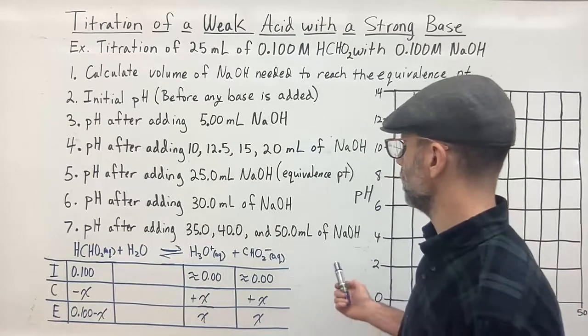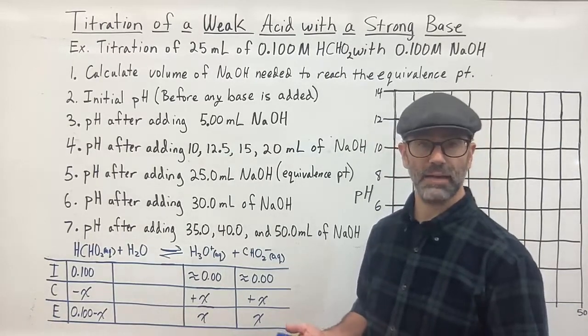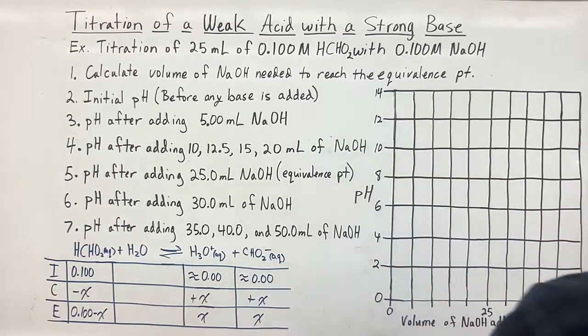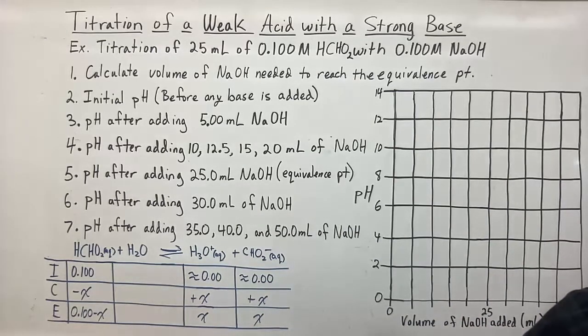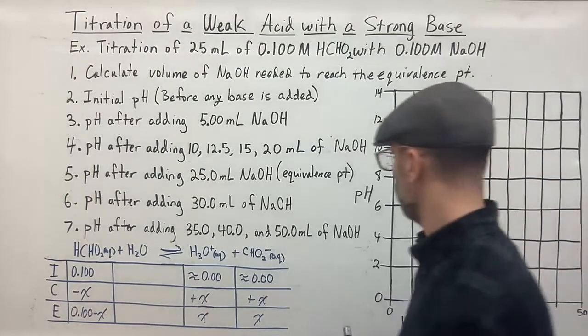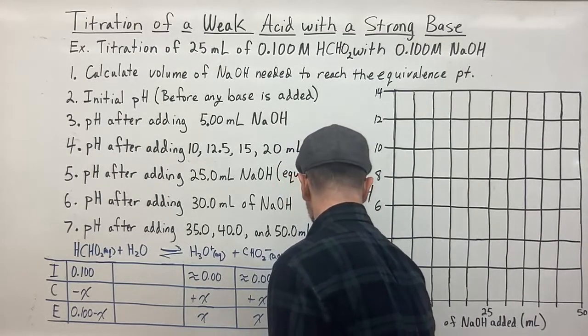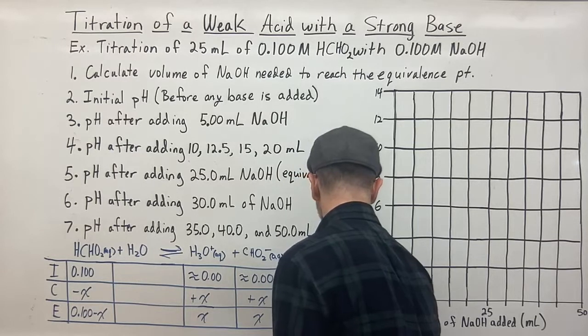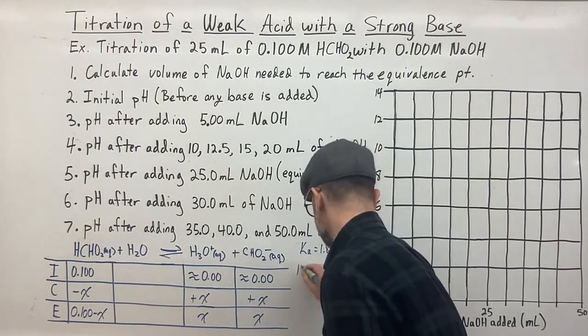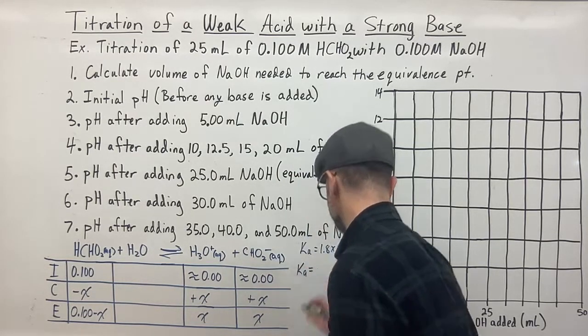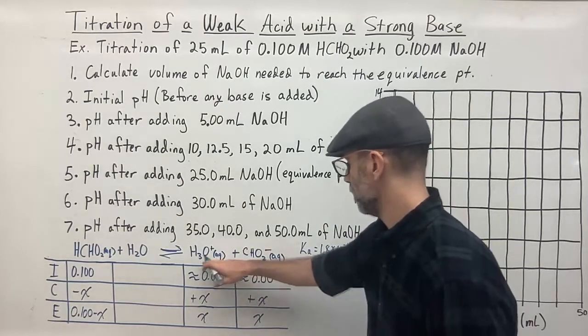So we just need to get our Ka value for this acid. And the Ka value is 1.8 times 10 to the negative 4. So the Ka is equal to 1.8 times 10 to the negative 4. And our Ka expression is Ka is equal to the concentration of these two, right?